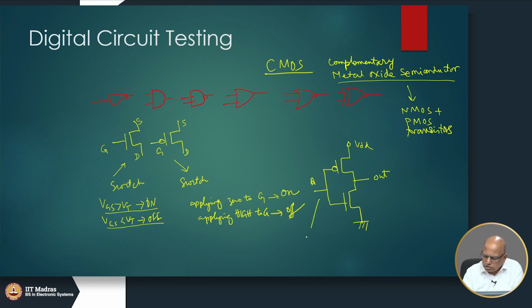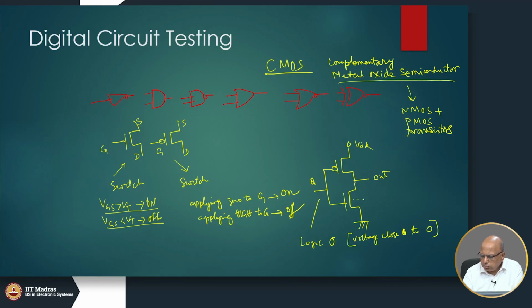If I apply logic 0 here, that means a voltage which is close to 0, close to ground, then the NMOS transistor is going to turn off.